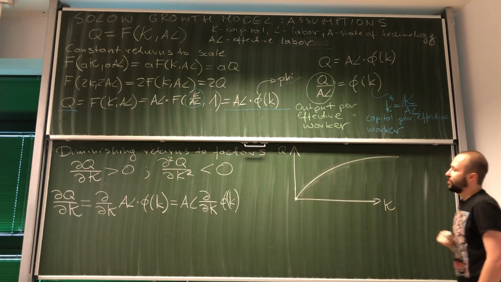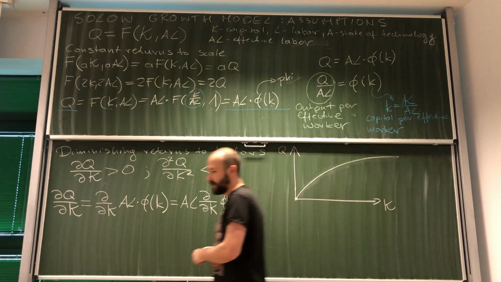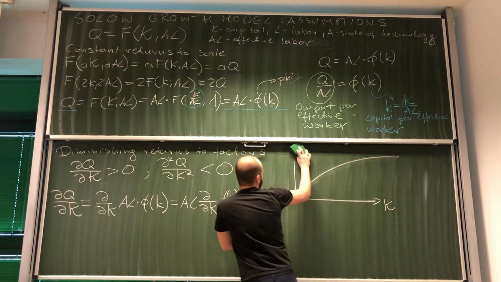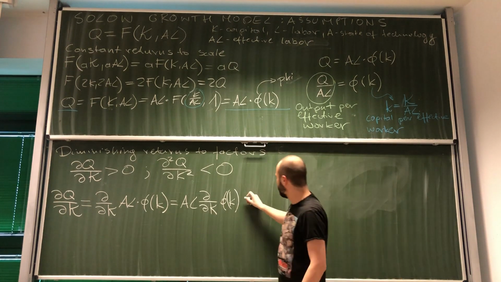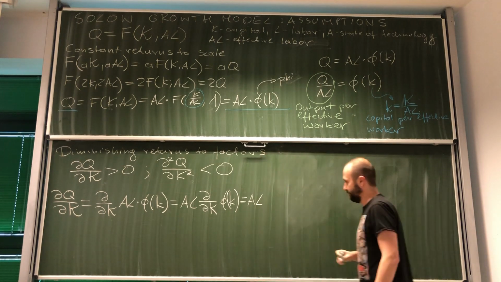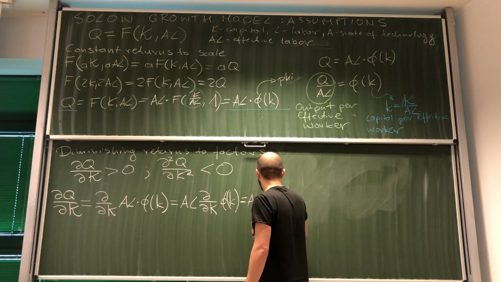Okay, and now look. Here we need to use the chain rule in order to find this derivative. How do we do it? Well, first AL stays the same, right? Then we've got a derivative.